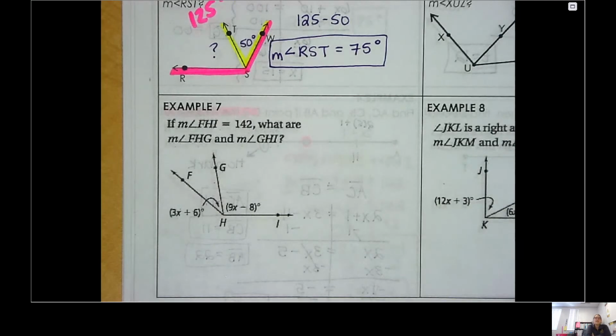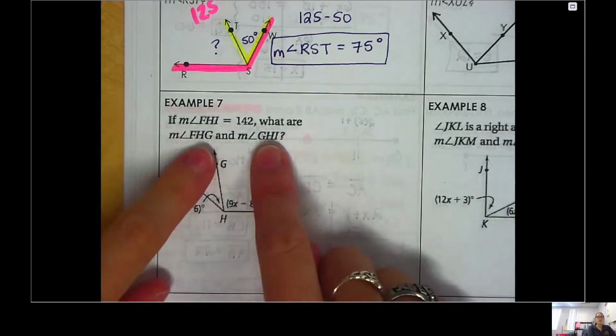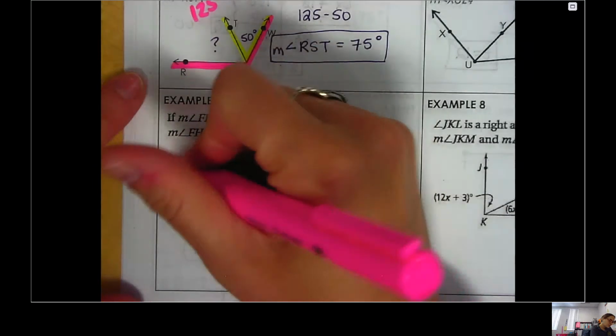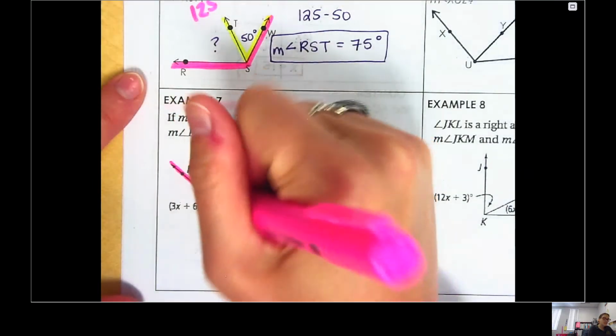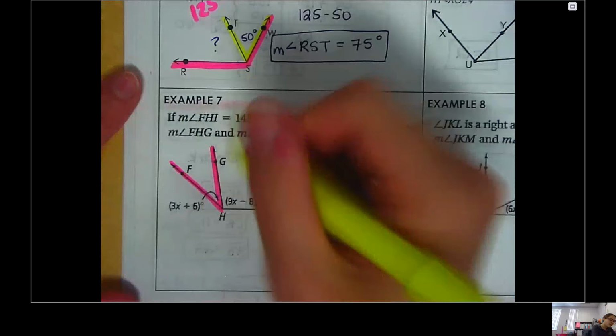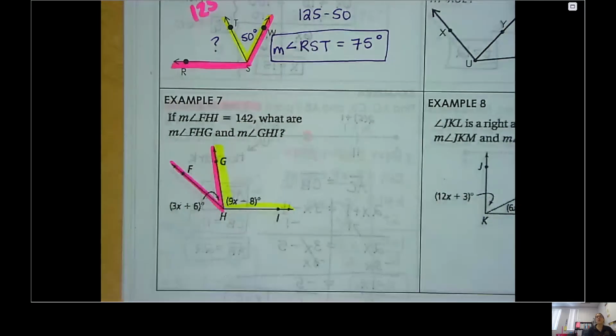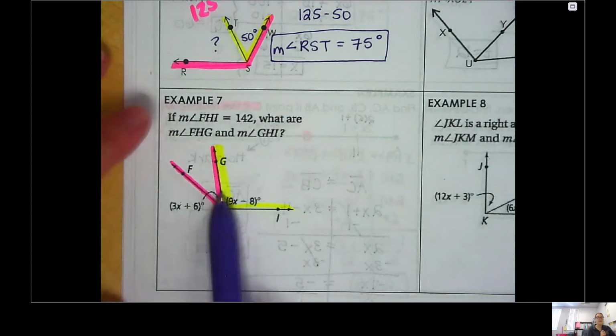All right, in number 7, it says if the measure of angle FHI is 142 degrees, what are the measures of these two other angles? So I've got this angle on the left, and I'm going to add it together with the angle on the right. And then I should get the whole angle. So what is the name of the angle on the left?